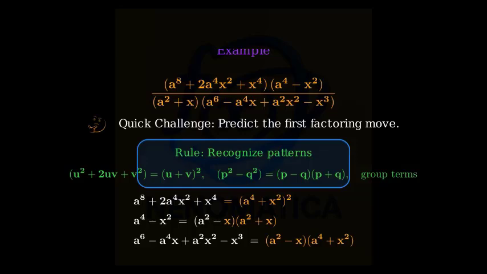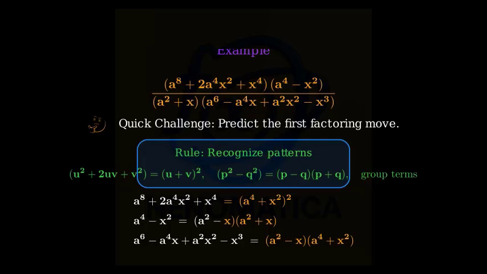The binomial a to the 4 minus x squared factors as (a squared minus x) times (a squared plus x). The 4-term expression in the denominator groups to (a squared minus x) times (a to the 4 plus x squared).